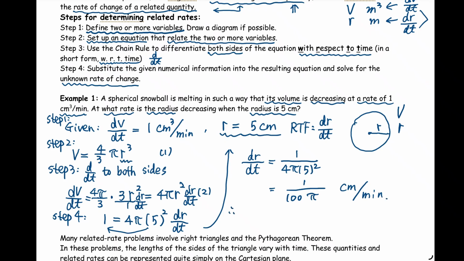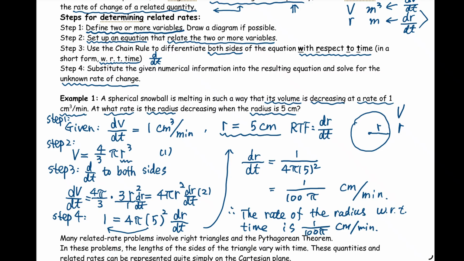So you could write, therefore, the rate of the radius with respect to time is 1 over 100 pi centimeters per minute.